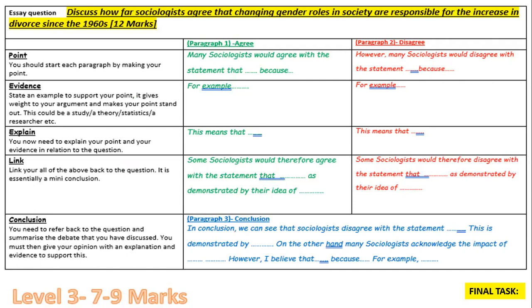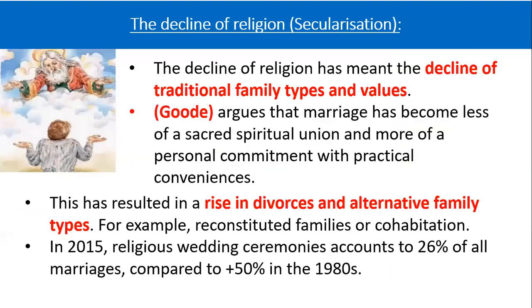What I'd like you to do, same as usual, in paragraph 1: point, evidence, explain, link it, starting with those who perhaps might agree with the changing gender roles being responsible for divorces. Then in paragraph 2, same structure, but you're going to talk about one of these other factors.